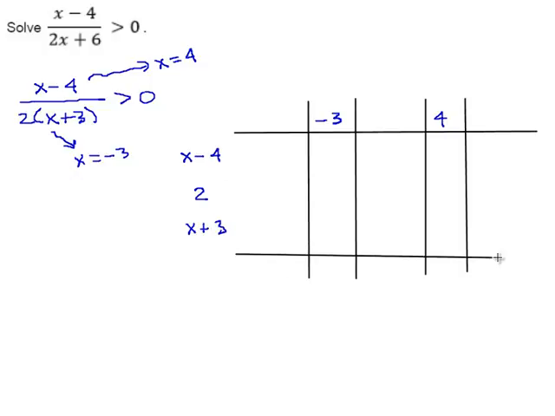And at the bottom, we will have another row where we do the combined function, the (x - 4) over 2(x + 3). I'm writing the factored version because it's a little easier to work with. So here we're looking at numbers below -3, exactly on -3, between -3 and 4, so 0 or something like that, exactly on 4, and then any number bigger than 4 for x.